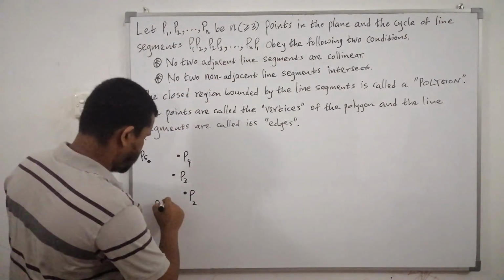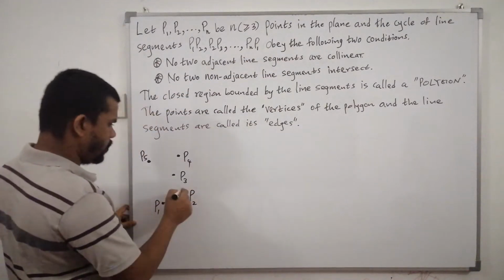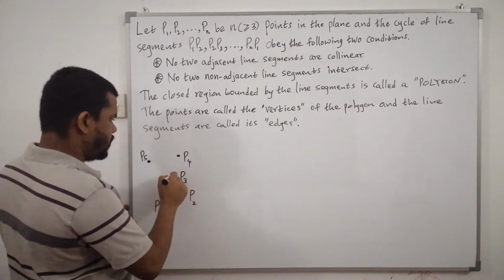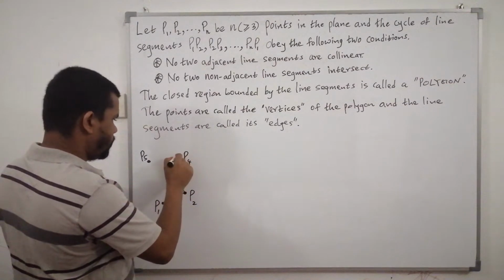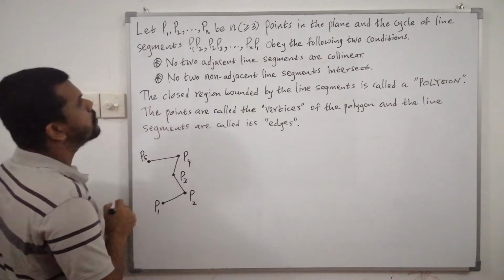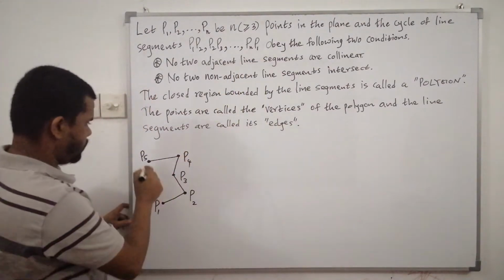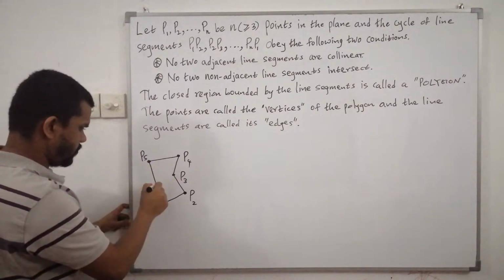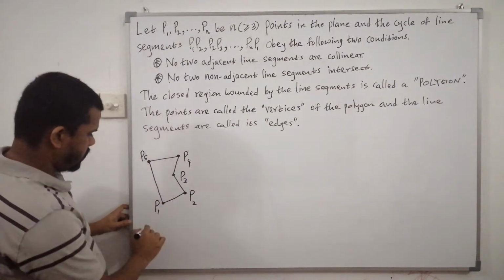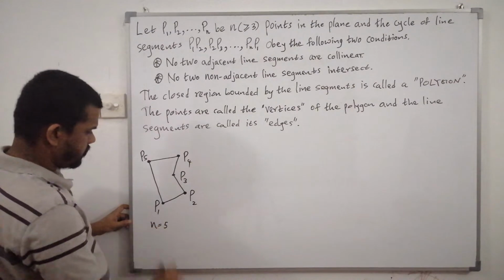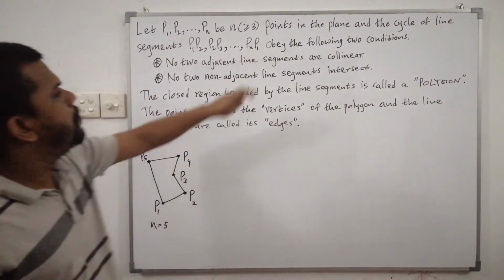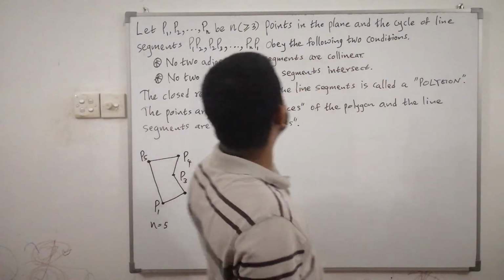That means P1P2, P2P3, P3P4, P4P5, finally PnP1. This one. Here n is 5. Obey the following two conditions.